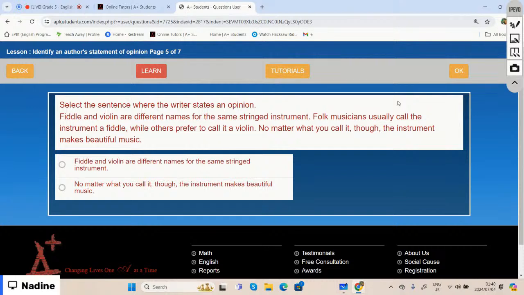Fiddle and violin are different names for the same stringed instrument. Folk musicians usually call the instrument a fiddle.